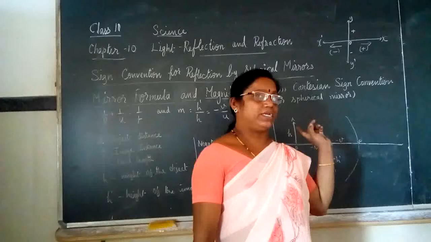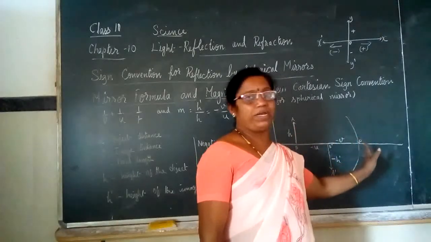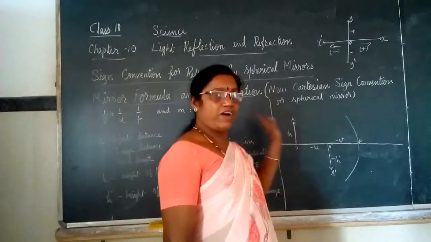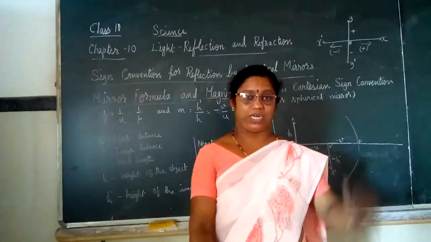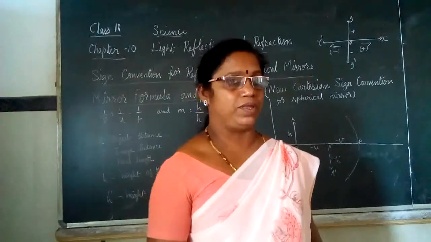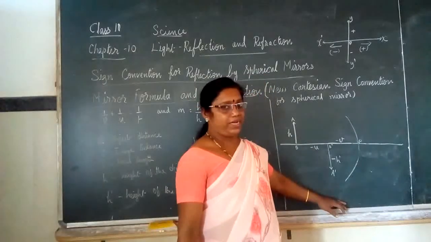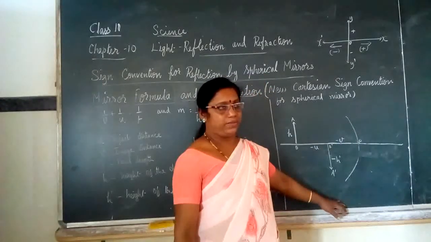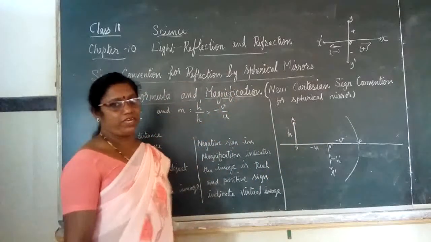When the object is brought nearer to the mirror or taken far from the mirror, you get a magnified image or a diminished image. So, comparing it, we are going to study the mirror formula and its magnification.